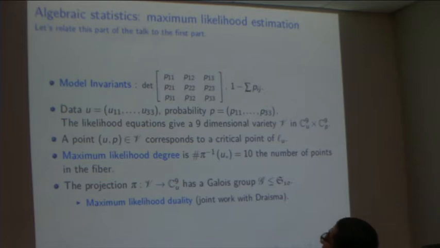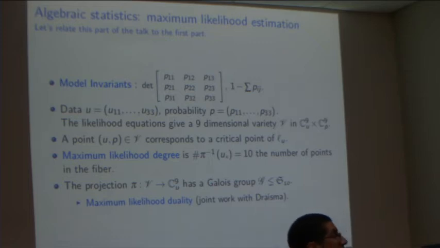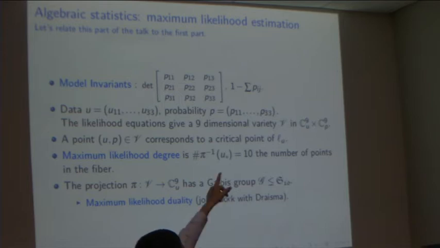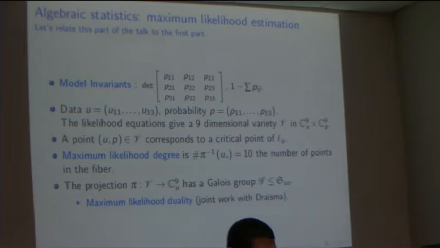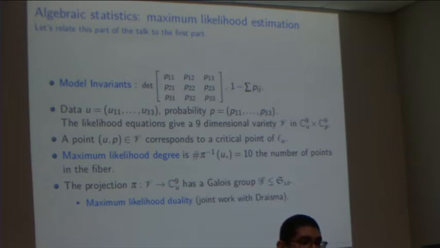Let's relate this part of the talk to the previous part. So here, our model invariants is this determinant. It's a degree 3 polynomial, and the sum of the coordinates being equal to 1. So this defines an algebraic variety in complex 9-dimensional space. But the likelihood equations also define a 9-dimensional variety in this product space.